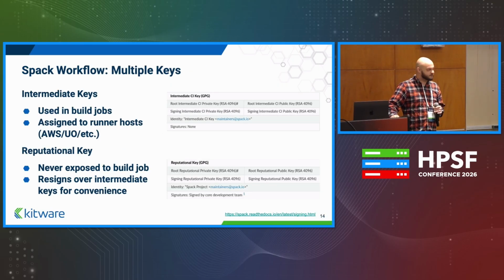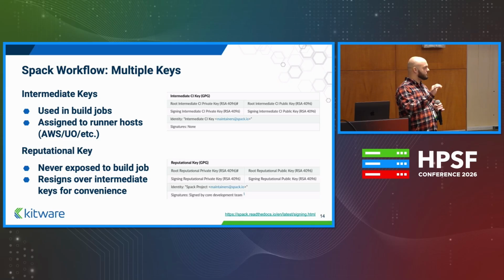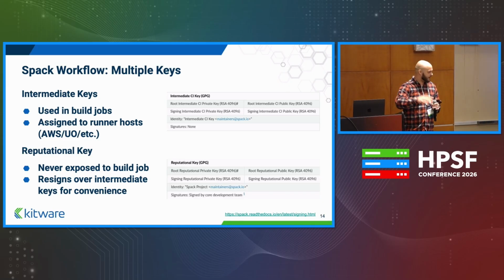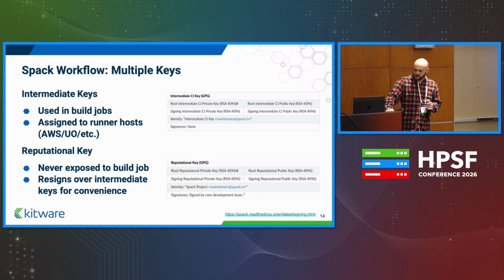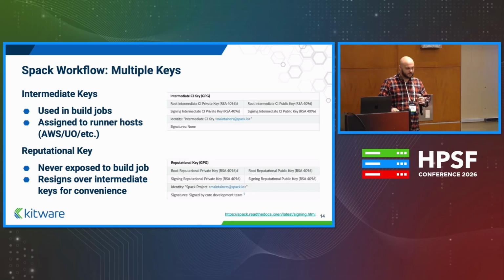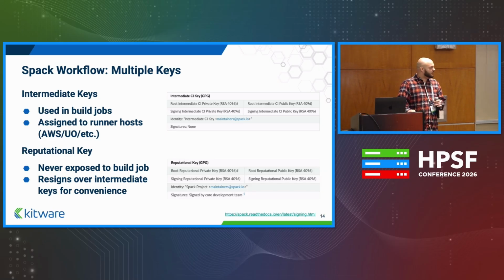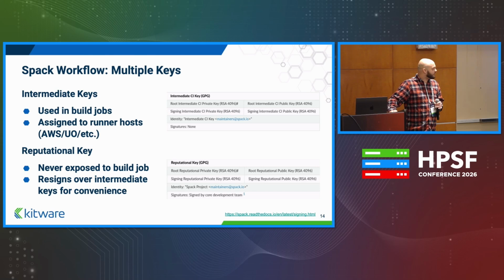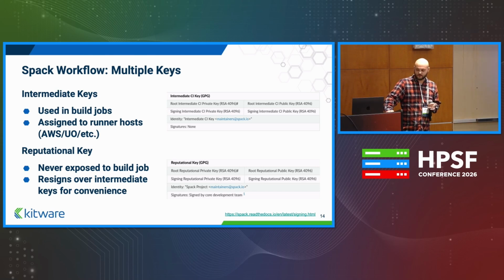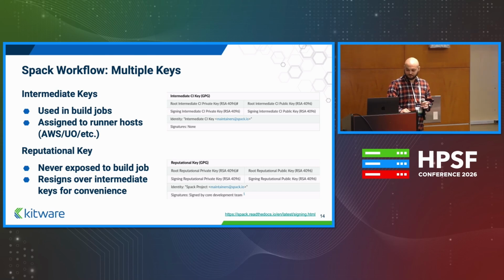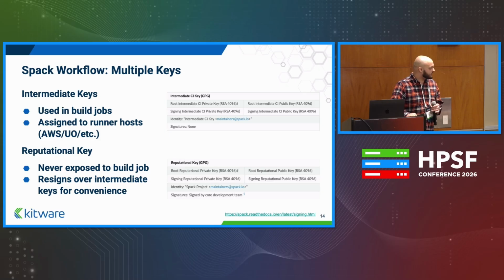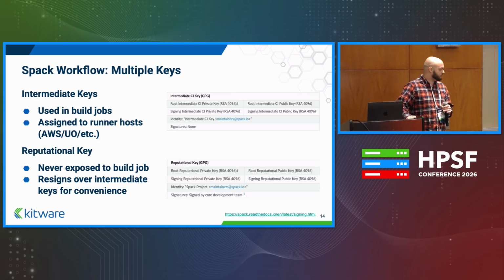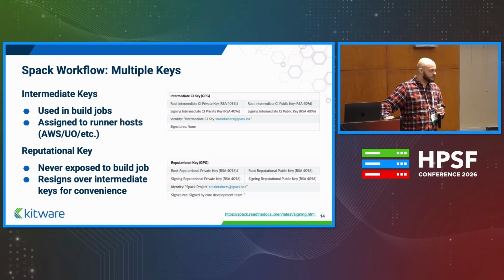All right, so we need something else. We need a way to go from our runners up to the cloud and then come back to the notary and be signed. And so we have this thing called an intermediate signing key. These are located on each site. They're specific to the sites. And they have their own trust. We share these between the runner nodes and the notary.